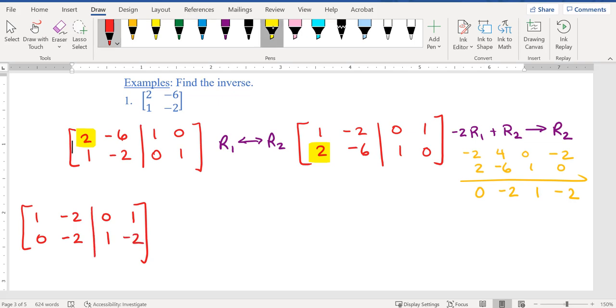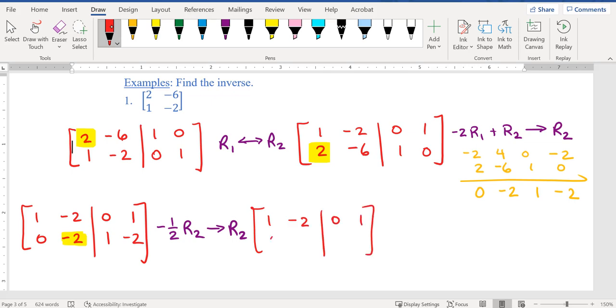I got the 1 and the 0. I need to make this one a 1, so I multiply row 2 by -1/2 and make that my new row 2. Row 1 stays the same, but my new row 2 becomes 0, 1, -1/2, 1.